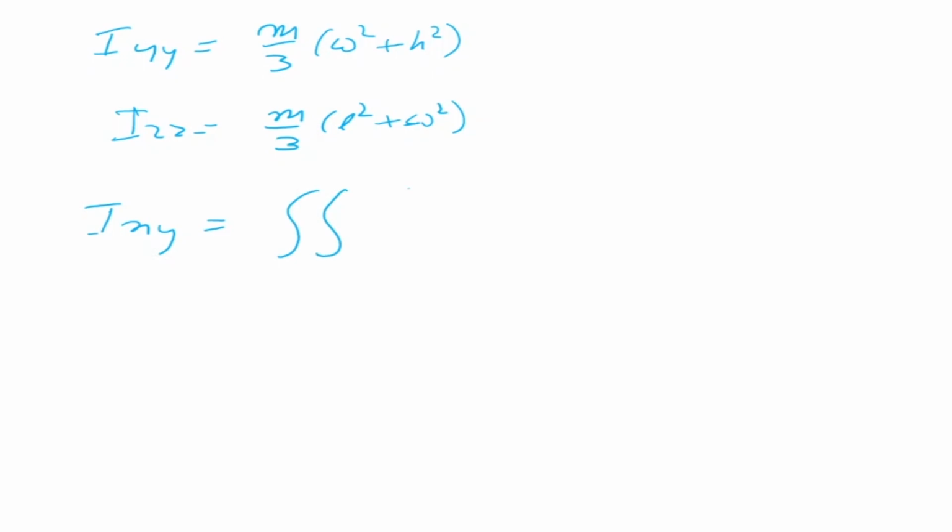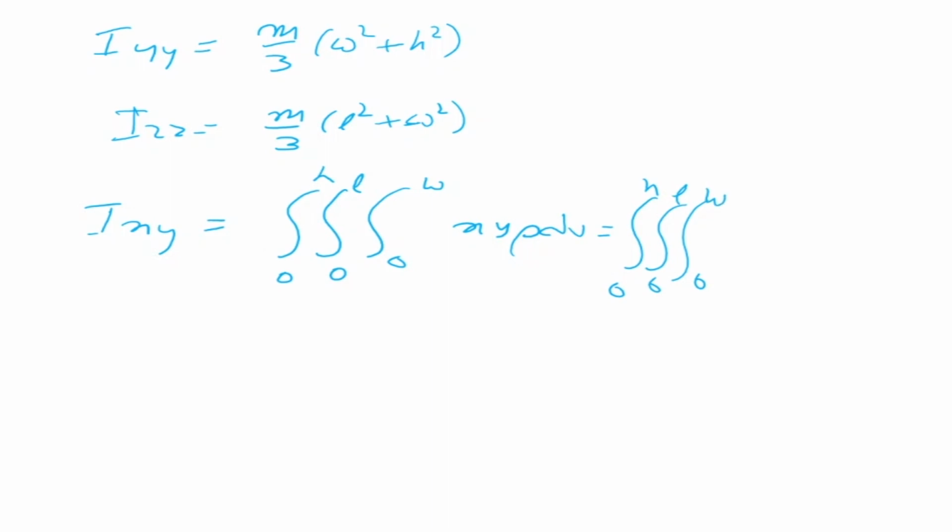Ixy is equal to the triple integral of 0 to h, 0 to l, and 0 to w of xy rho dv, which is equal to the triple integral of 0 to h, 0 to l, 0 to w of xy rho dx, dy, dz.